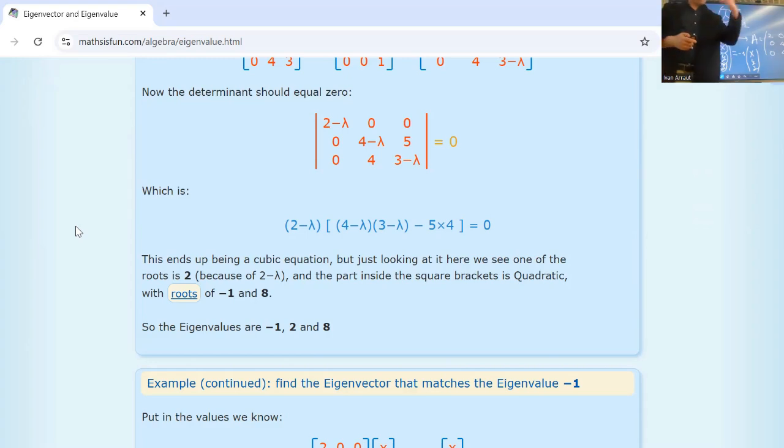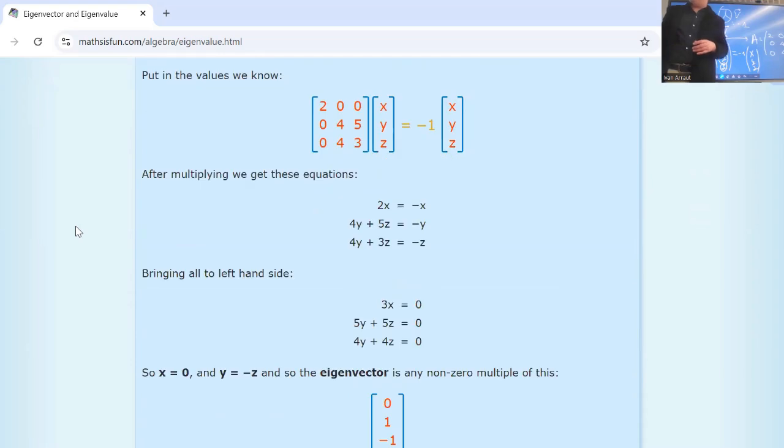In most cases, I have to assume one value. The software will give you a minimalistic answer. These are the equations. Can you see? 2 times x equals minus x. It's exactly what I am showing here. So the equation at the end is this for the eigenvalue minus 1. 2x, 0 times y is 0, 0 times z is 0.